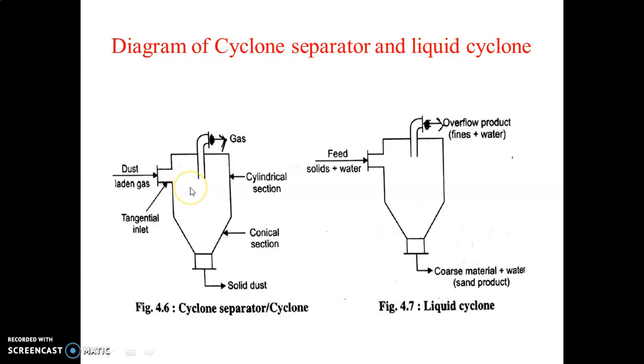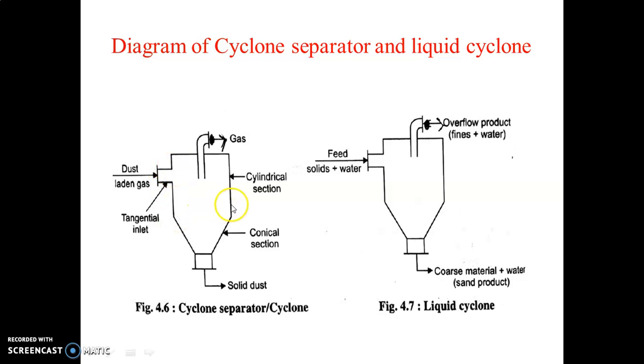So we just have to introduce the dust with solid particles from here tangentially. By doing this, the centrifugal force is created here, and this centrifugal force throws the solid particles out against the wall of this vessel.